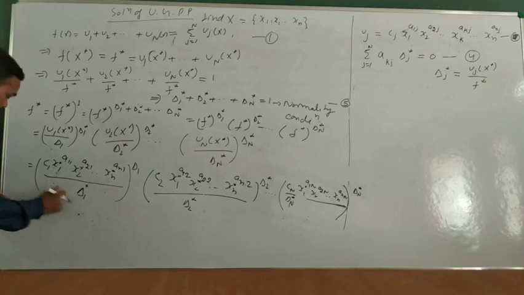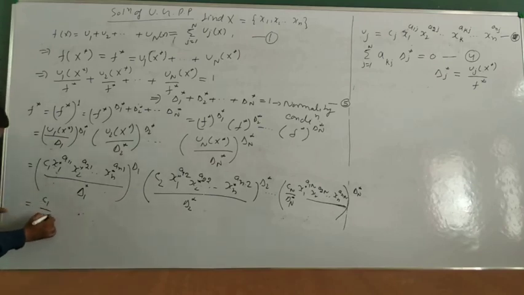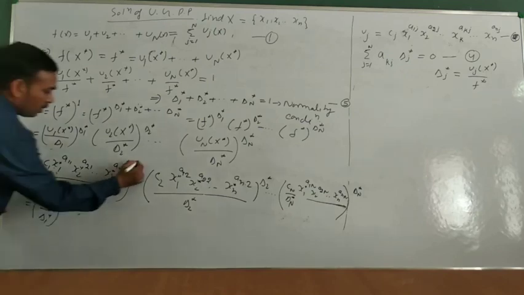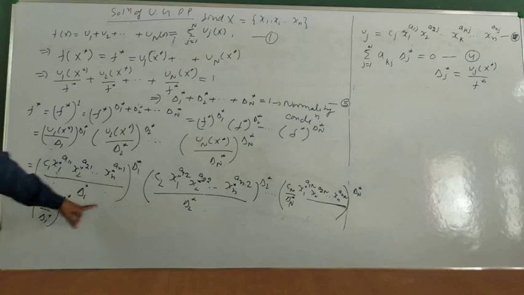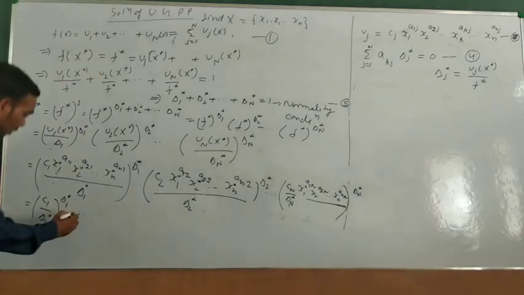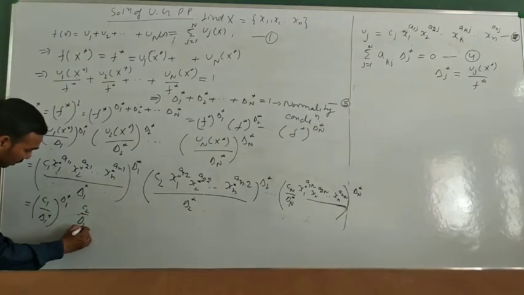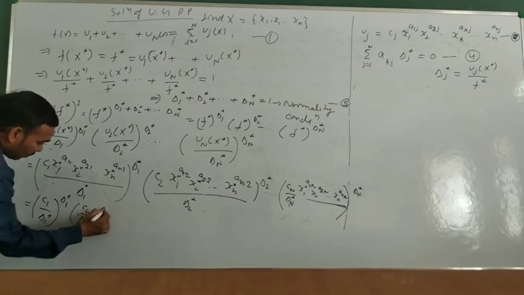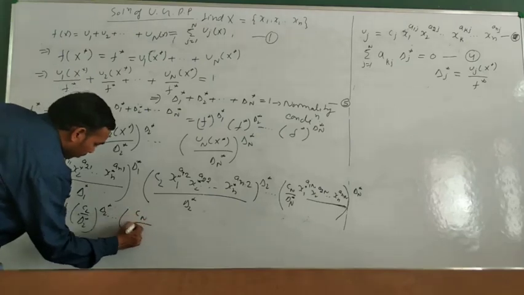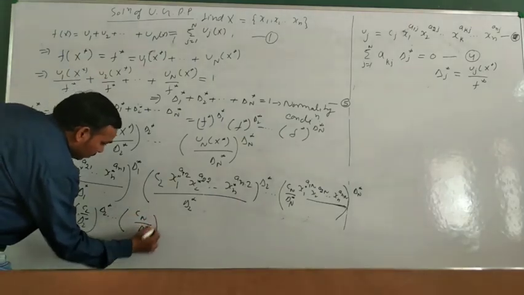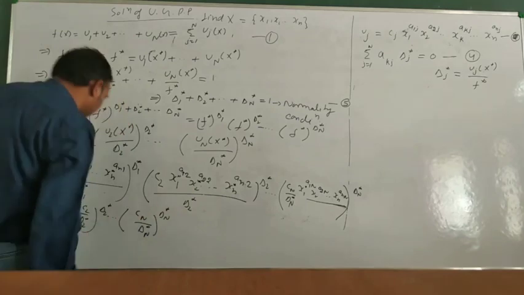So we can write C1 upon delta 1 star to the power delta 1 star, C2 upon delta 2 star to the power delta 2 star, and so on, Cn upon delta n star to the power delta n star.